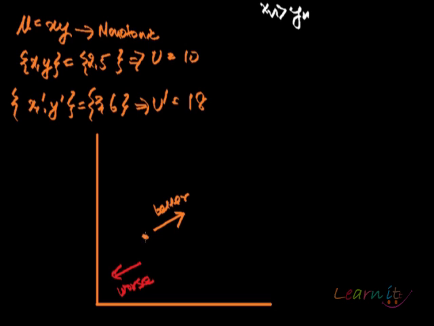But suppose you move from here to here, it means that you have increased the consumption of one good and decreased the consumption of the other good, moving from this point to this point. Similarly, you can also move here, where you have decreased the consumption of one good and increased the consumption of the other good.